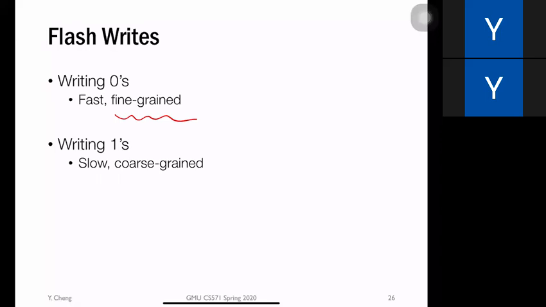The second type is the more costly write operation. It is really slow, and the granularity is coarse, bigger compared to the smaller write operations. In this coarse-grained write operation, instead of writing zeros, it writes ones, meaning erase everything. Here, ones means the fresh state.